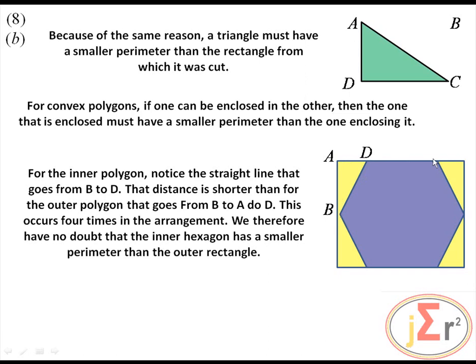Therefore, the outer polygon is of a greater perimeter than the inner one. This occurs 4 times in the arrangement. We therefore have no doubt that the inner hexagon has a smaller perimeter than the outer rectangle.